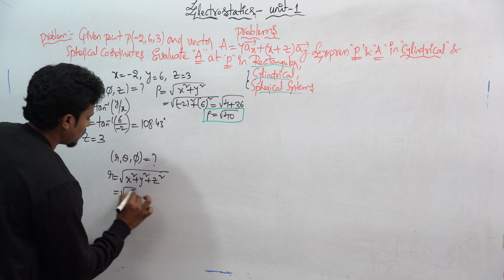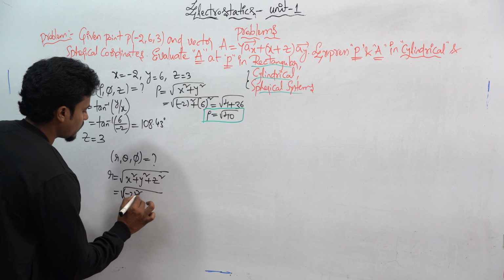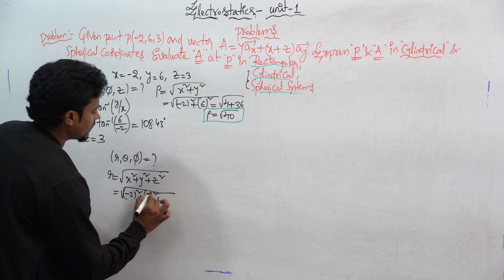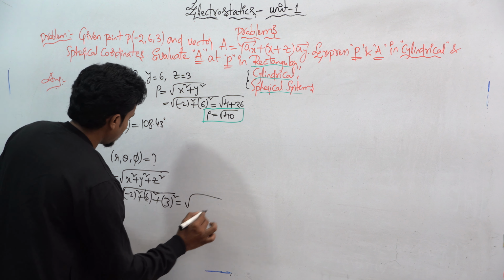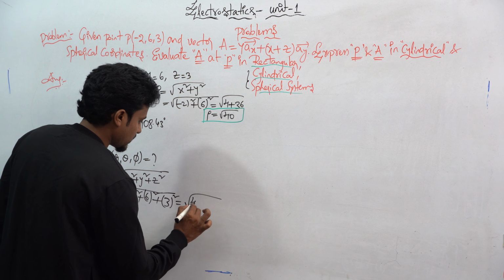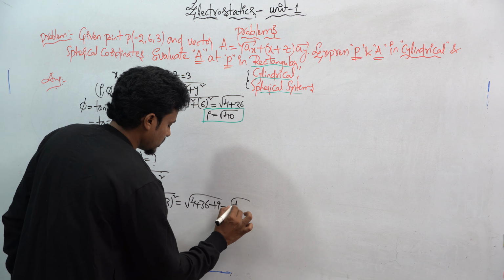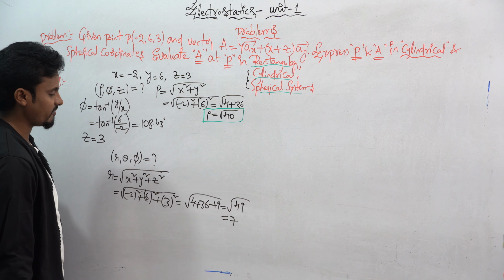Here x is -2 whole square plus y is 6 whole square plus z is 3 whole square. Here you can see 4 plus 36 plus 9, which will become 49. Square root of 49 is 7.